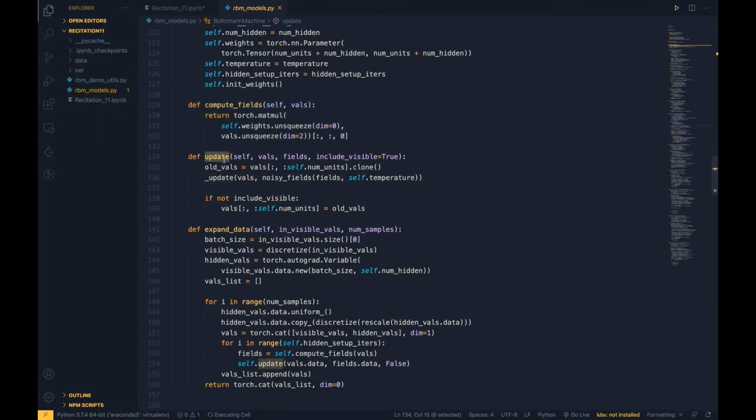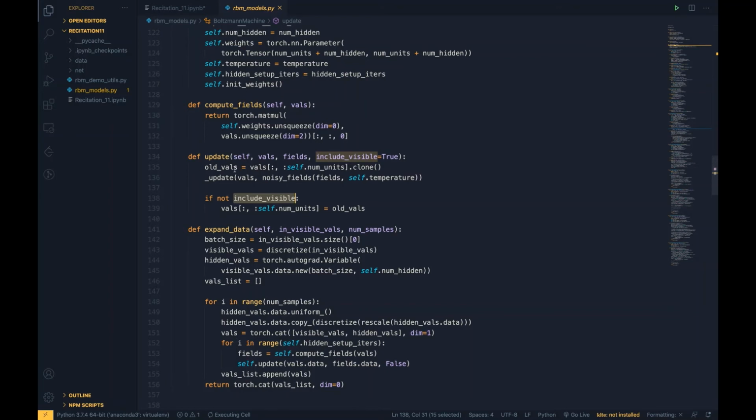In the update function, there is an extra parameter called include visible. Sometimes we do not want to update the visible units, but only update the hidden units. Namely, we do not want to update the visible units in the expand data. We will talk about it later. But how do we do that?